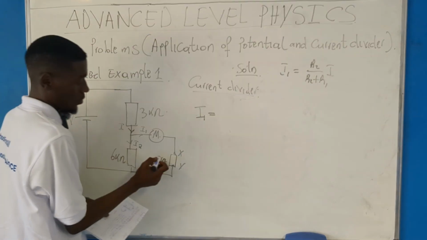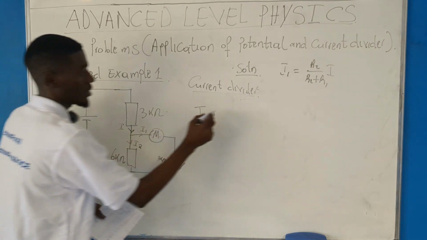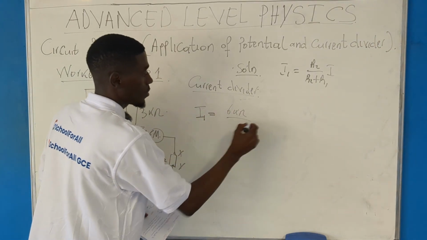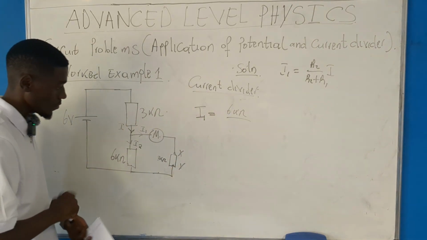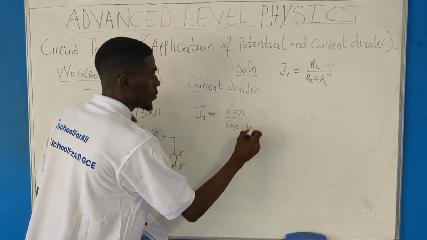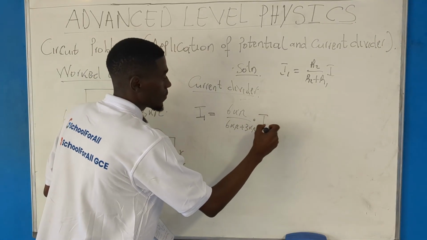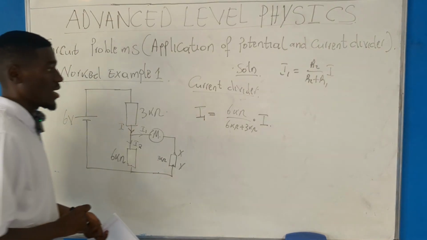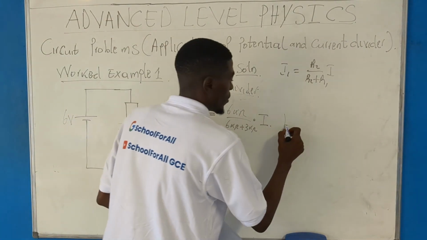This I1, rather than taking 3 kilo ohms, I will start with 6 kilo ohms all over 6 kilo ohms plus 3 kilo ohms times the current flowing in the circuit, which is I. But we should find the value of I.